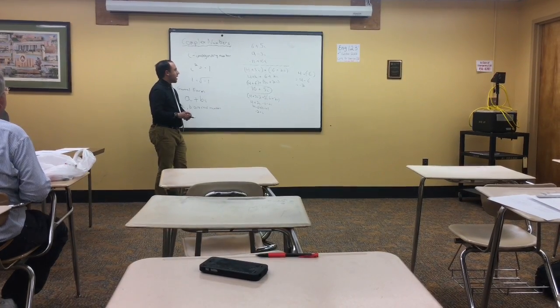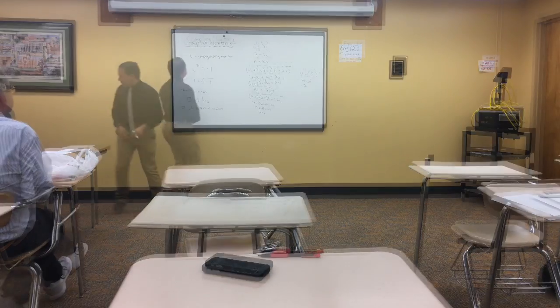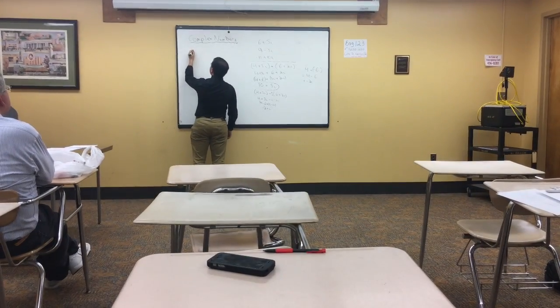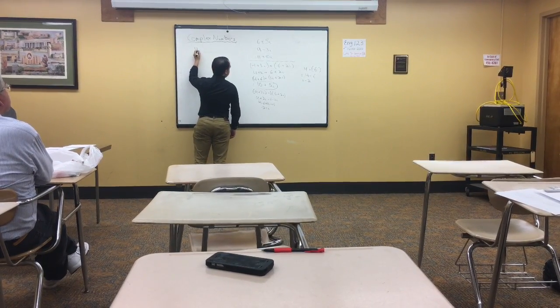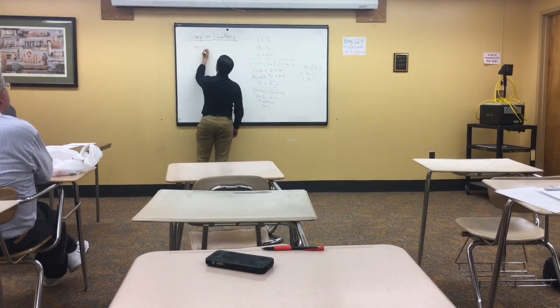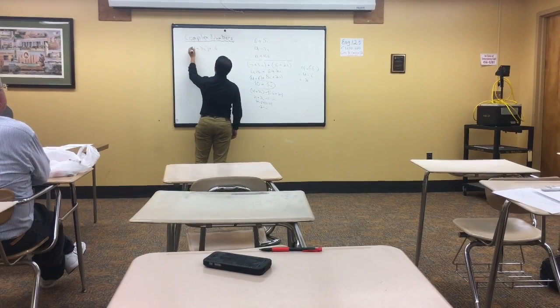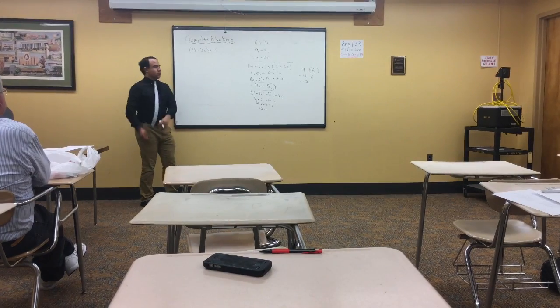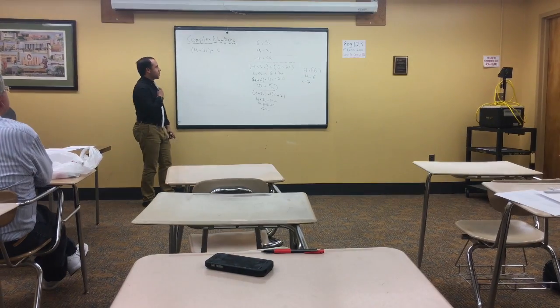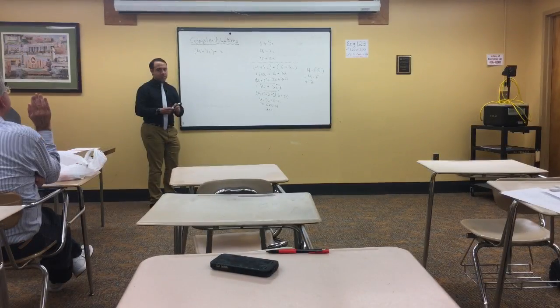Now, if we had some complex number, I'll just keep using the same one, 4 plus 3i plus just 6. If we had 4 plus 3i plus 6, what do you think would be our answer, Steve?